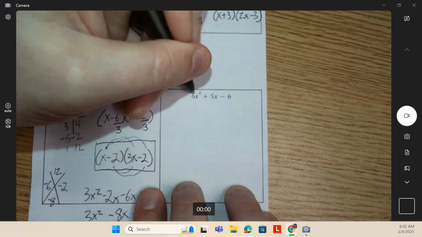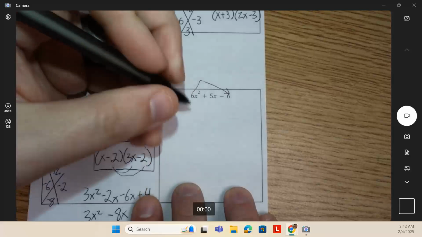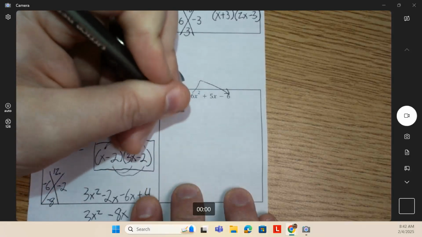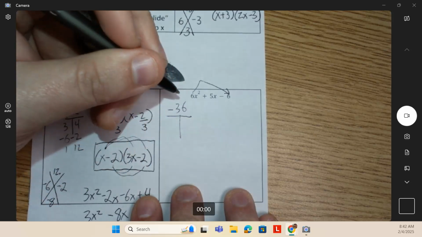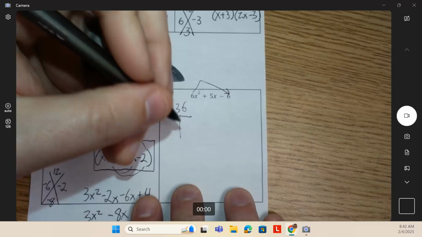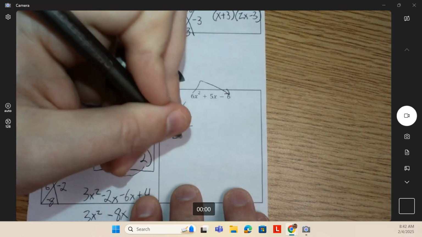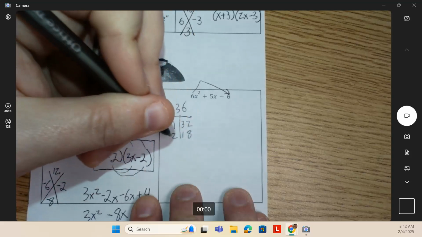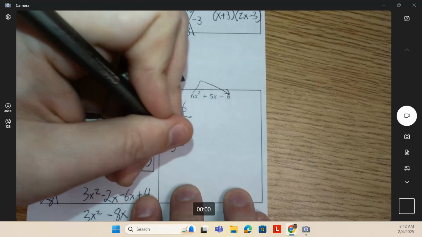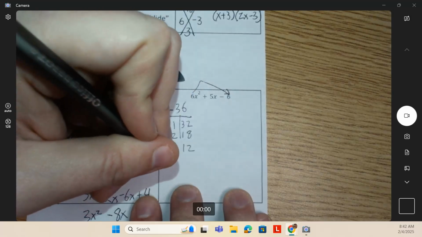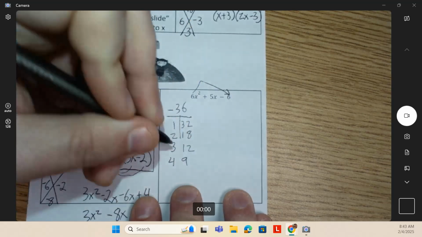So I'm going to slip this 6 down with the negative 6 to get a negative 36. And I need factors that have a difference of 5. If I have 1 and 36, 2 and 18, 3 and 12, 4 and 9.